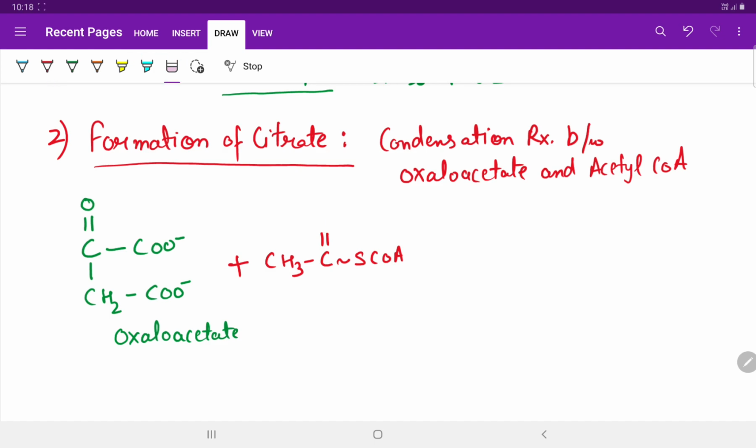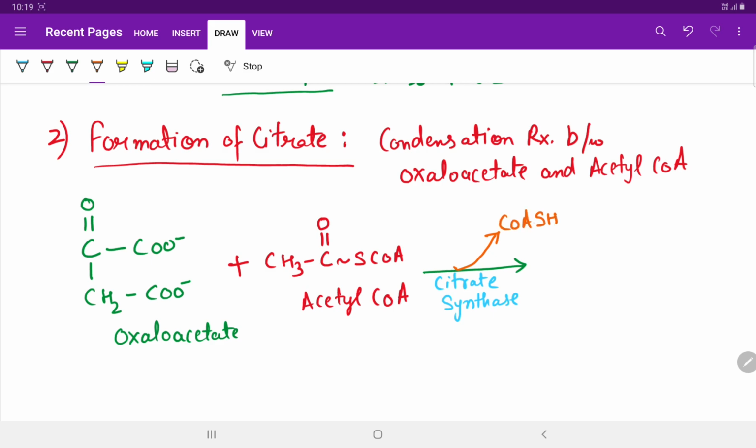Now this is the structure for acetyl coenzyme A. Now in presence of enzyme citrate synthase, this is converted into citrate with removal of one coenzyme ASH molecule here. So from here the structure of citrate will be formed.